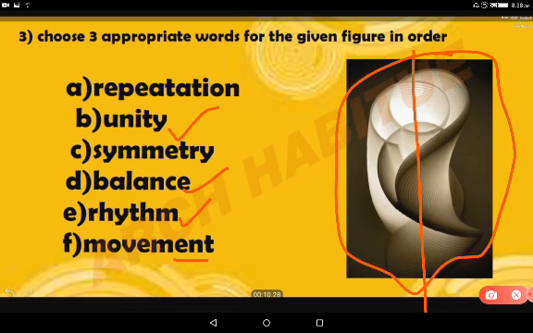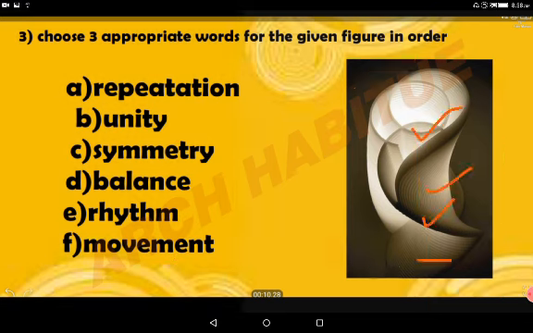There is unity, but there is not much repetition. The curves are repeating, but it's not considered much. Okay, the most appropriate words will be first one rhythm, then balance, and then unity.